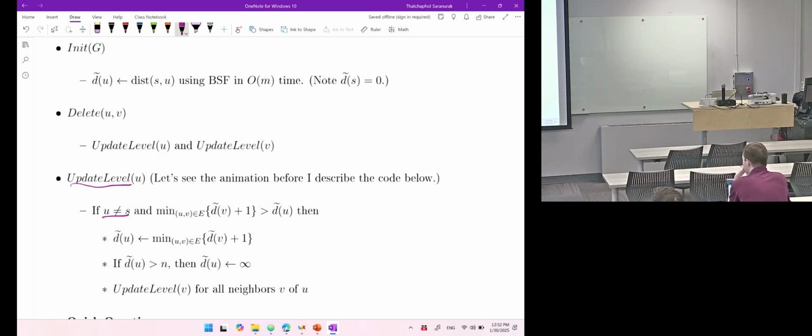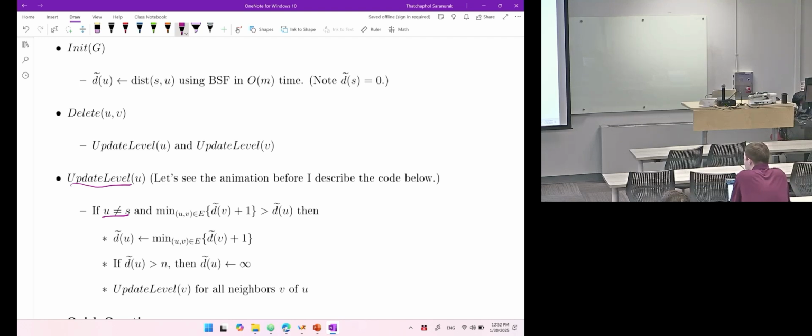That is, you look at all of its neighbors and know the level of the best neighbor explicitly at all times. The level of u is supposed to be the level of the best neighbor plus 1. That's how my level is supposed to be.